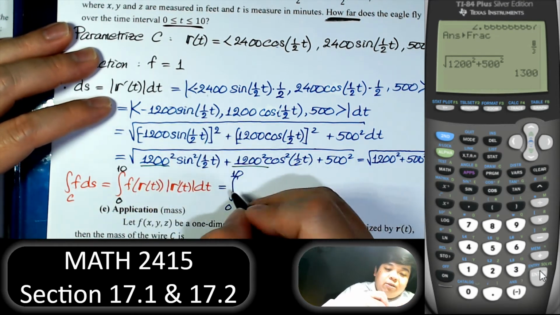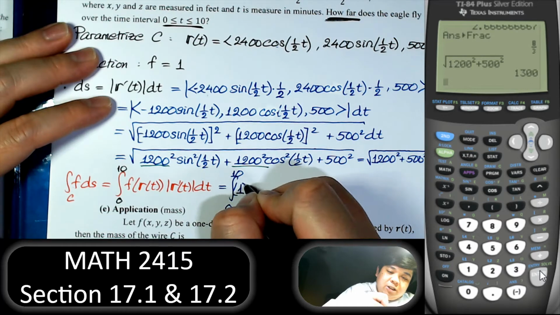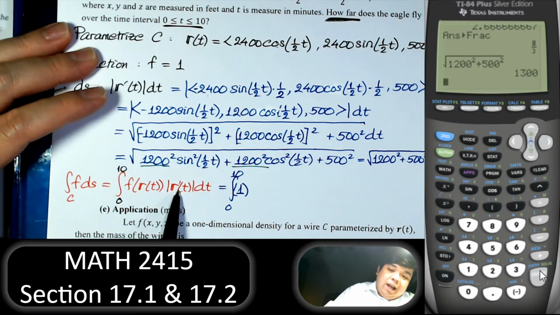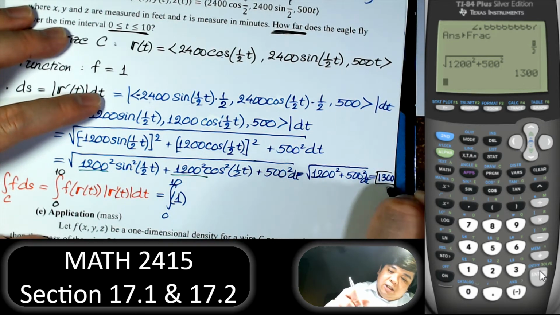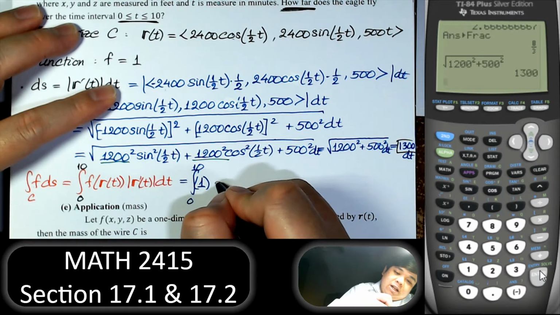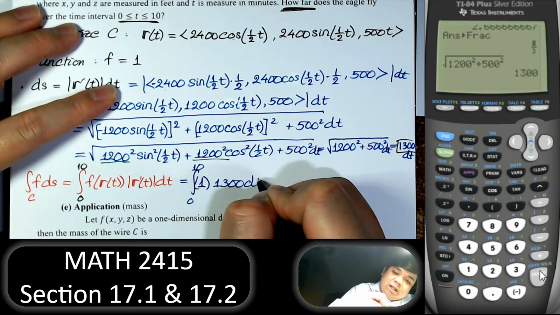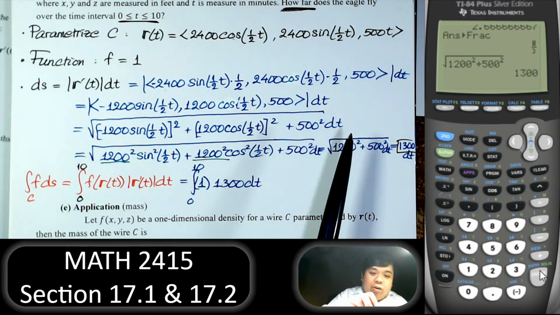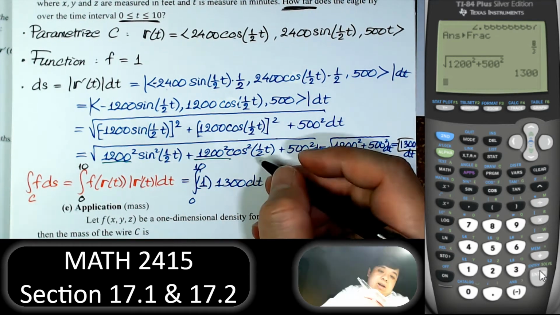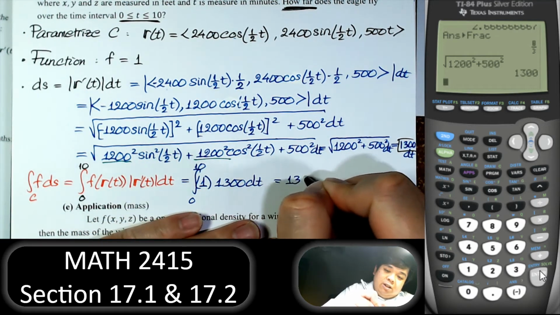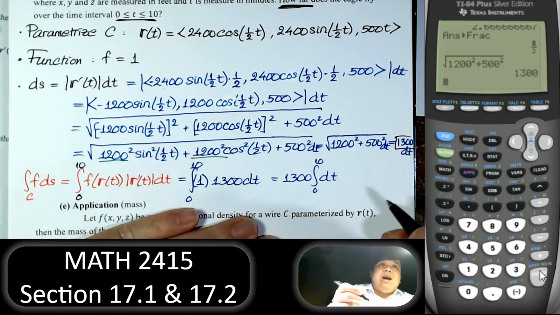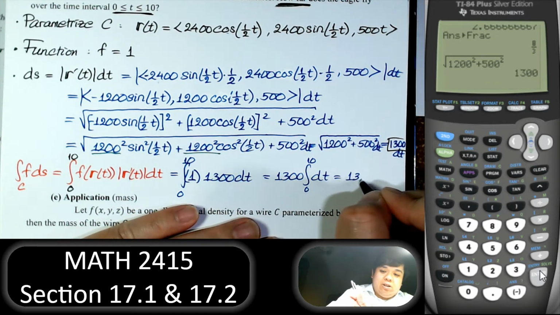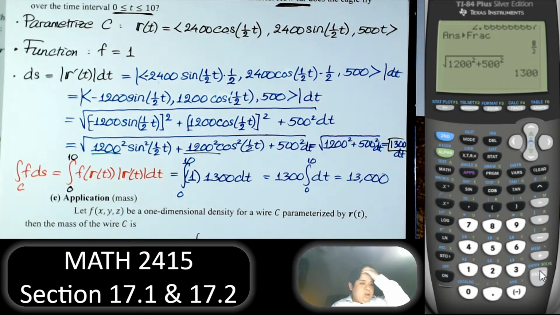The function is 1, and the dt at the end. Sorry, I forgot there's a dt at the end of it. So we just have the integral of 1300 from 0 to 10 dt, and the result is 10 times 1300, so we have 13,000. So 13,000 feet in 10 minutes.